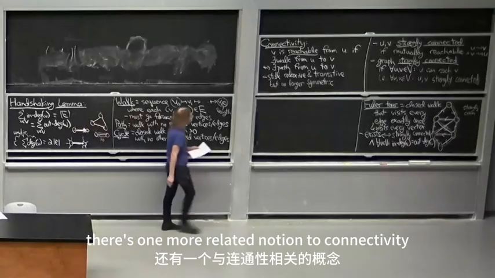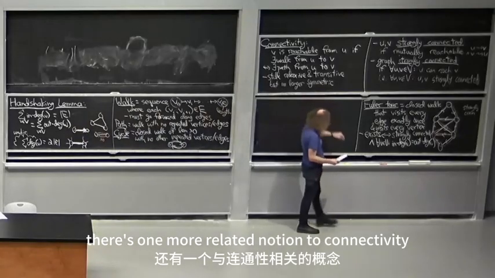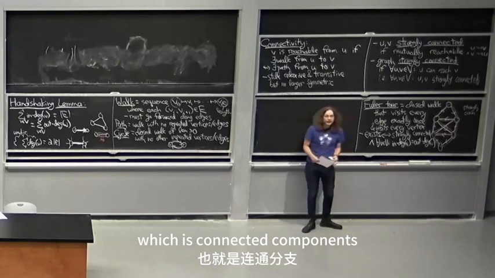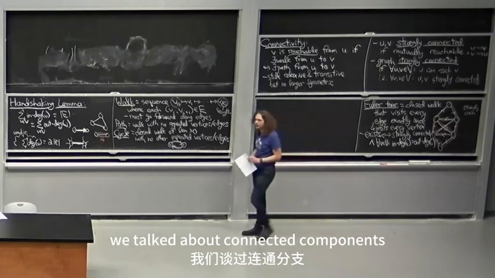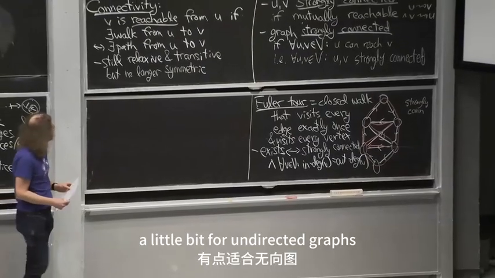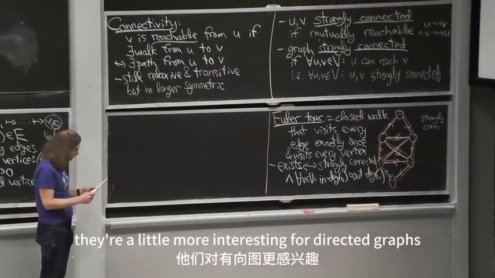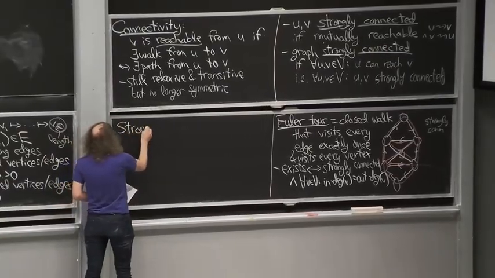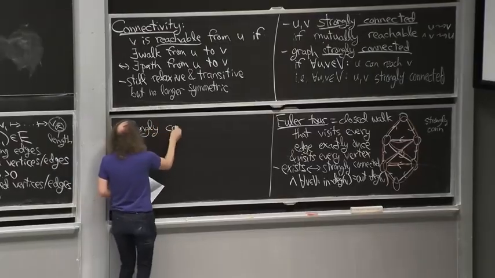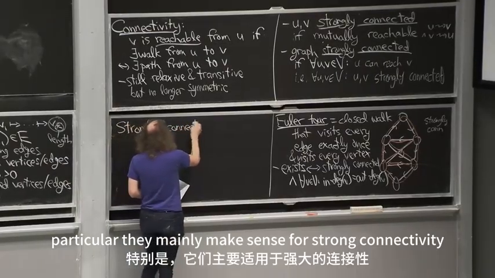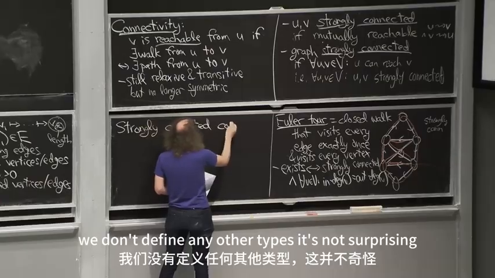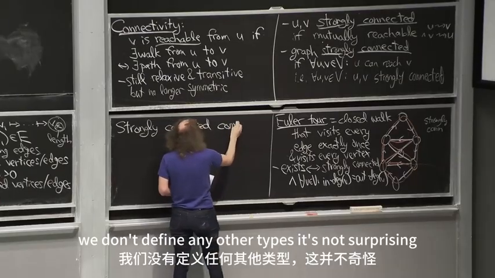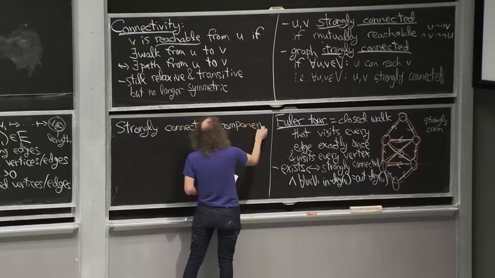There's one more related notion to connectivity, which is connected components. We talked about connected components a little bit for undirected graphs. They're a little more interesting for directed graphs. In particular, they mainly make sense for strong connectivity. We don't define any other type, so it's not surprising.